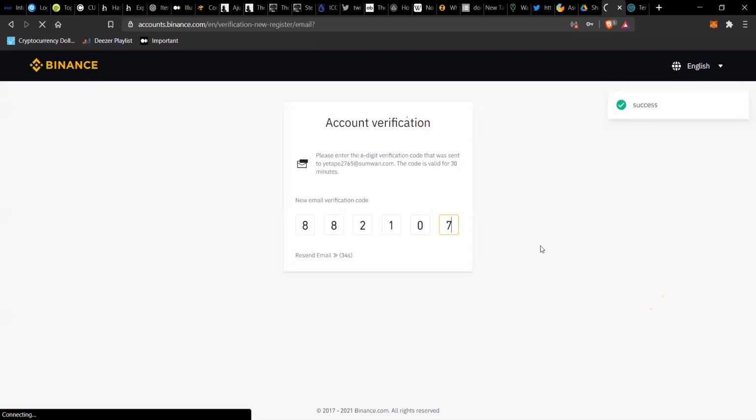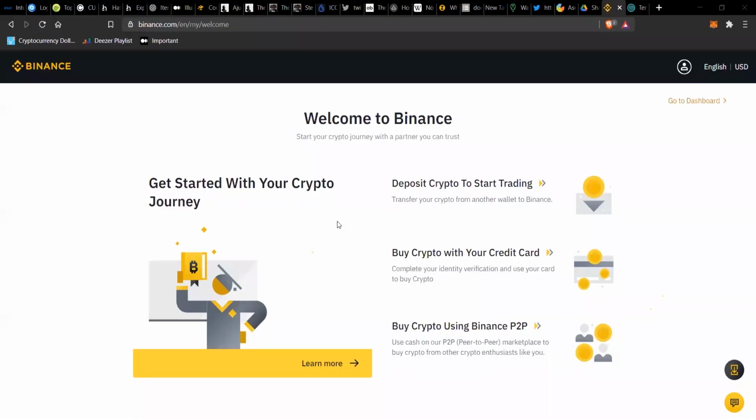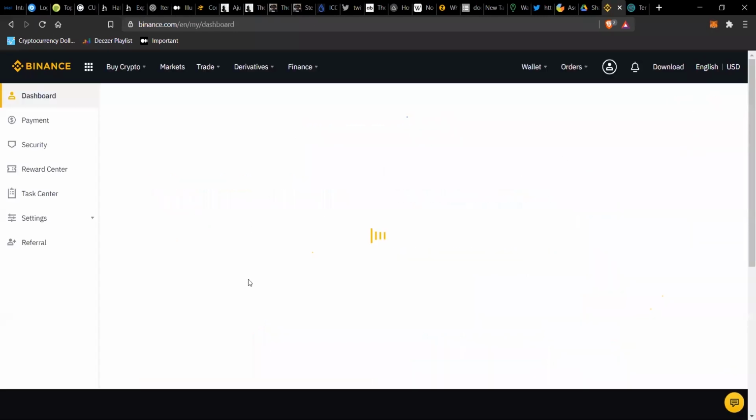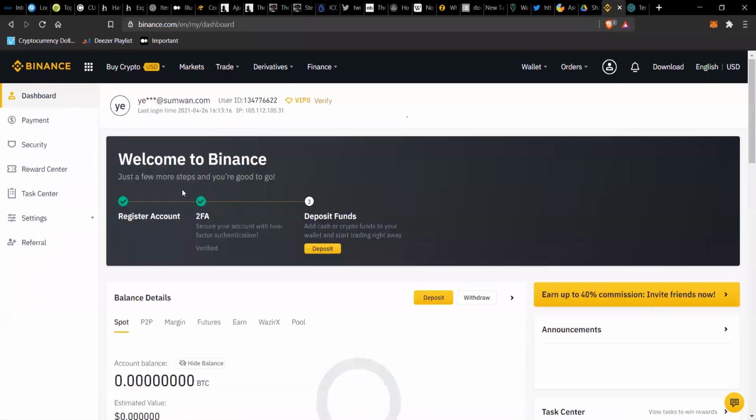And once you have written that verification code, automatically you have successfully created a Binance account. It is very easy and very fast. So once you are done with that, the next thing that will pop up is this screen. I'd advise that once this pops up, just click straight to go to dashboard. So you just come straight to your dashboard.